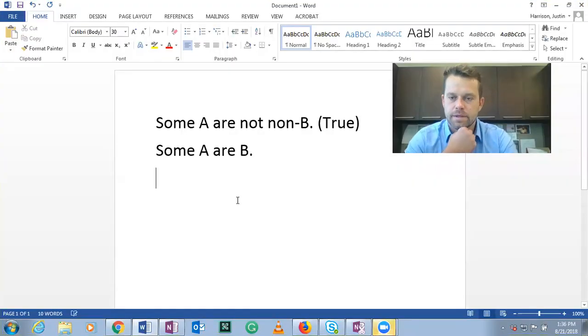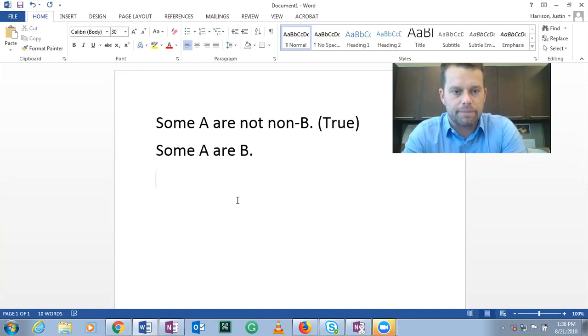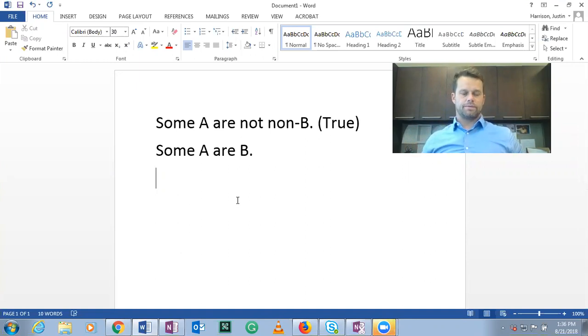In this one, you're given the two statements. You've performed some operation on them, either conversion, obversion, or contraposition. We don't know yet, and that's what we need to determine here. And then we need to determine the truth value of the new statement. So we know that the first statement is true, and it says some A are not non-B.